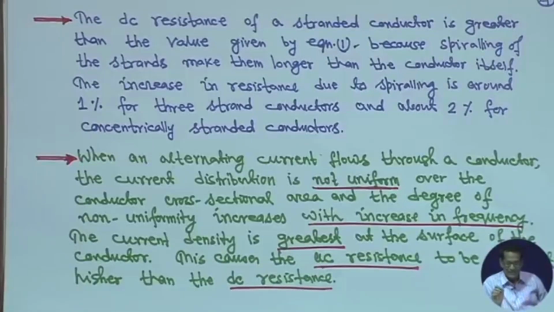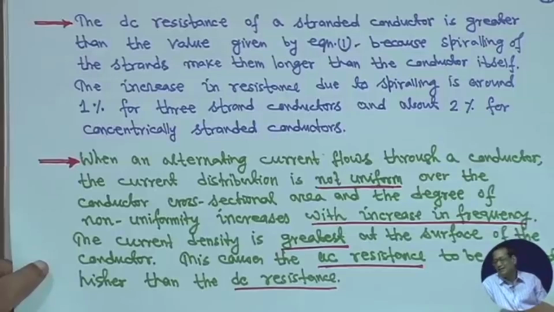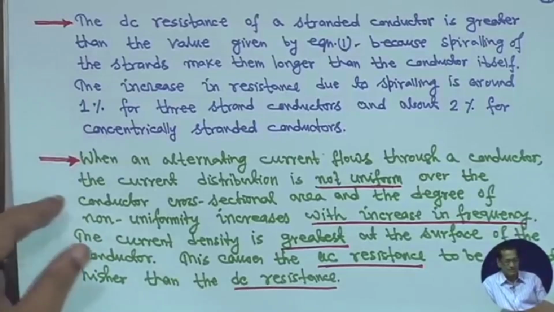This causes the AC resistance to be somewhat higher than the DC resistance, right, and this effect is called skin effect. When we study inductance, at that time we will see what skin effect is, right. That means at every point of that cross section, the current density is different for an alternating current, right. So, this shows that the AC resistance is higher than the DC resistance, right.